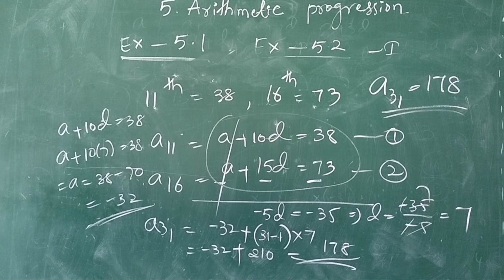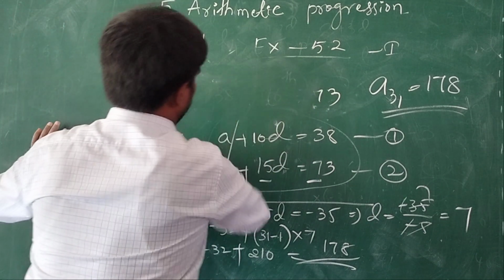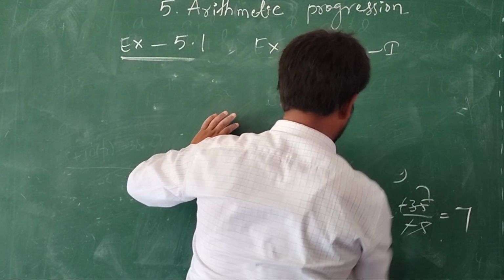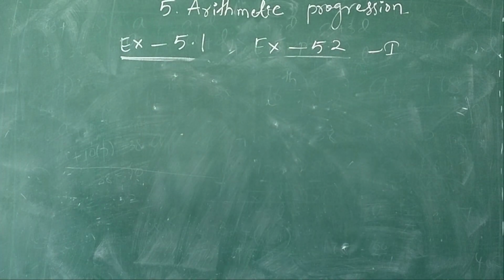These model problems are there in the third chapter, Pair of Linear Equations in Two Variables, the algebraic method of finding the variables' values. Okay, now the seventh problem is completed.